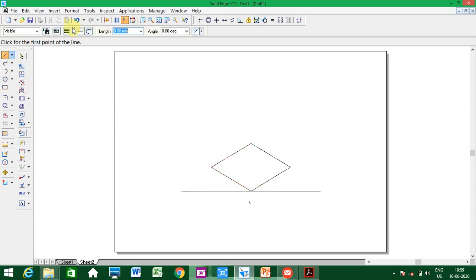From this corner I draw the height, at this end of the line, 50 vertical lines. Then from here I draw vertical lines of 50. From here again 50.